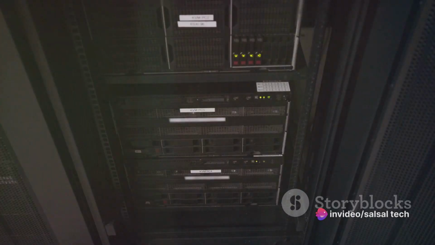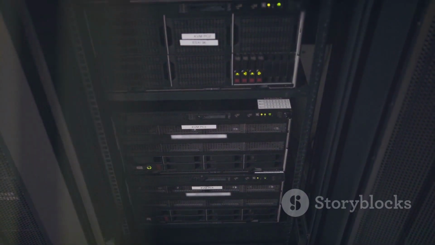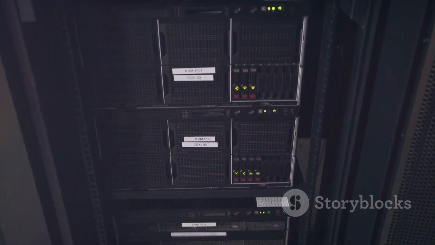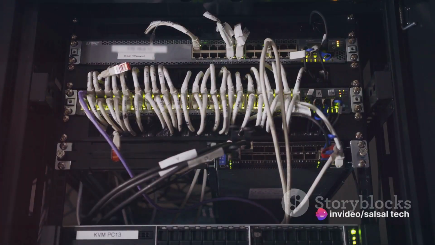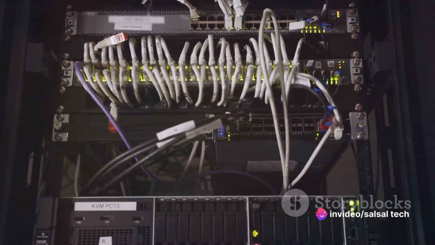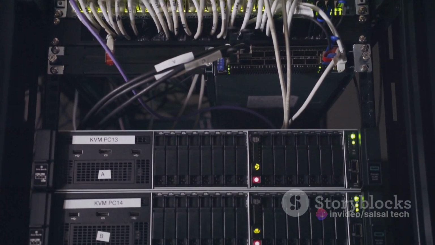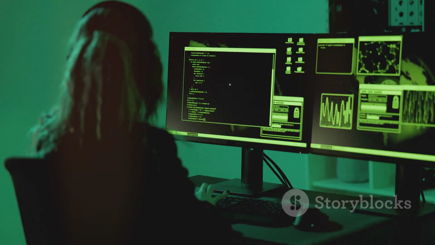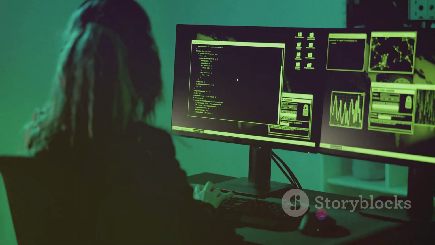We then delved into network scanning, a broader technique that not only discovers devices on the network but also maps out their interconnections. This gives the ethical hacker a bird's eye view of the network, providing a broader perspective of the system's layout. Next, we unveiled vulnerability scanning, a method that goes beyond just identifying the network components.